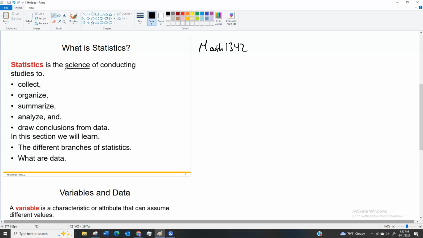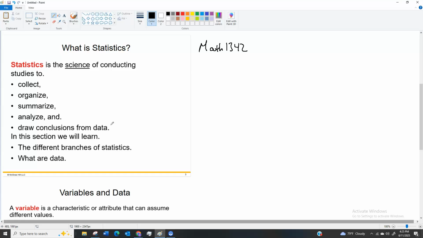So our definition says that statistics is the science of conducting studies. And you'll notice this sounds a lot like the scientific method. It's not exactly the scientific method, but it kind of sounds like it a little bit.